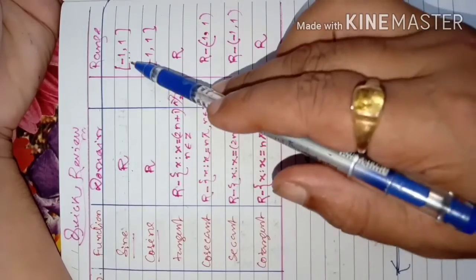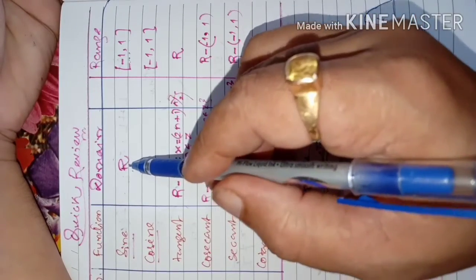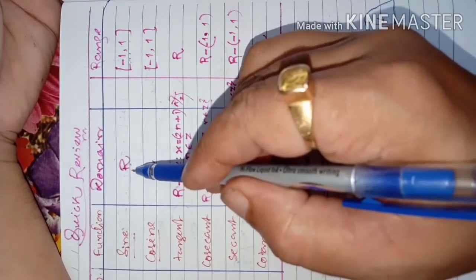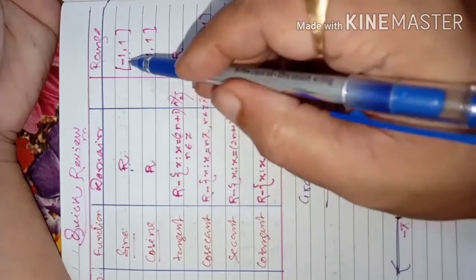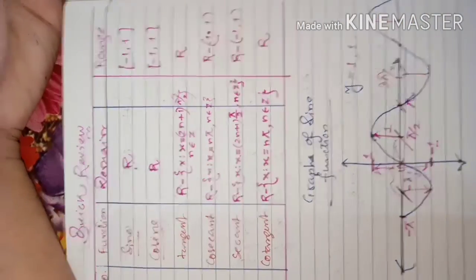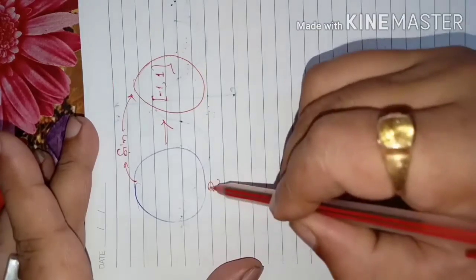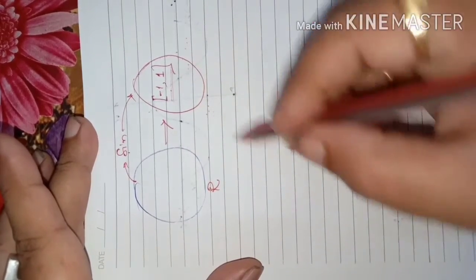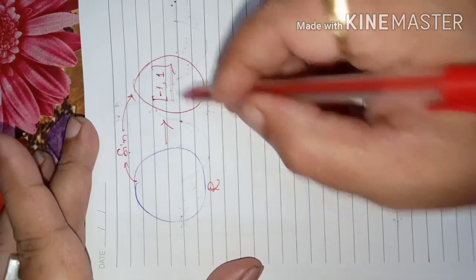In many portions it has got pre-images. What I am saying is, the sine function is from real to this range, but sine inverse is not from this to the whole real.